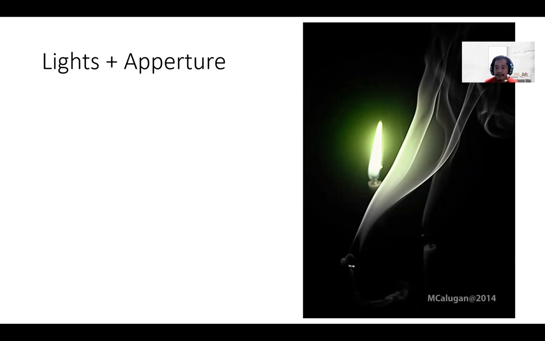So what I did is to have the lights and candles, smoke. This is called smoke photography, if there's such a thing. So you can do experimentations on light and aperture. I don't know how I did it, but as I said, you need to know the rules, light and aperture.